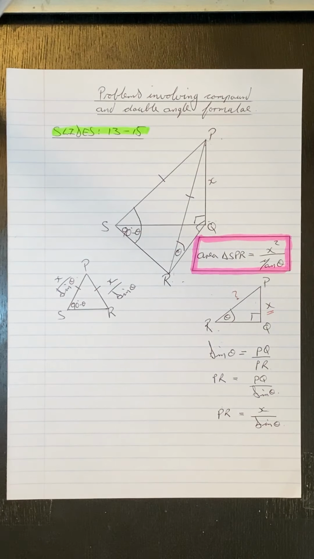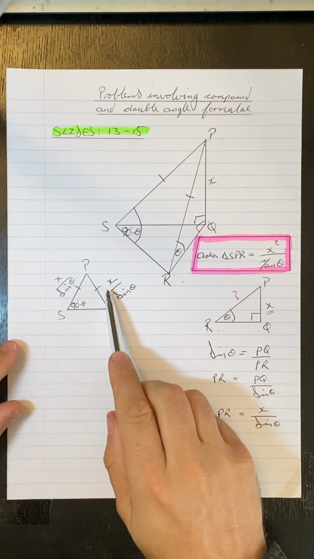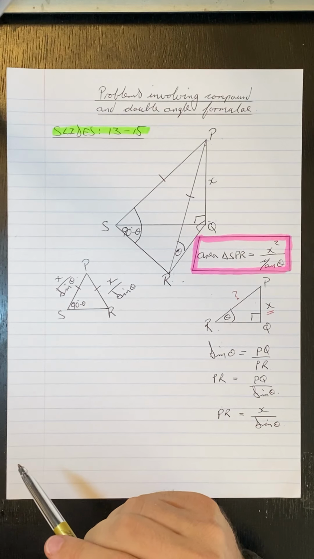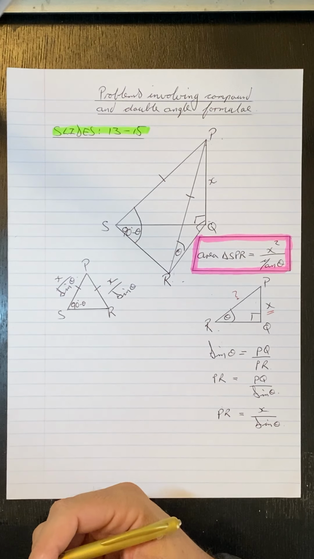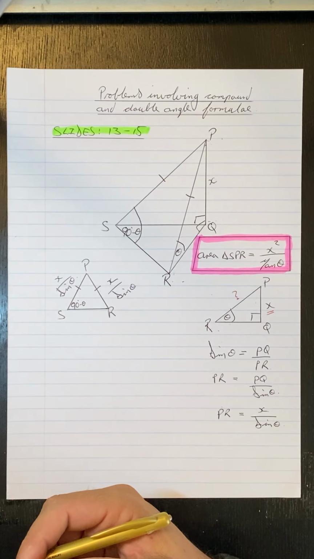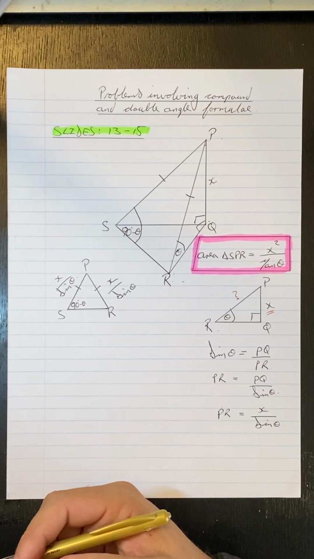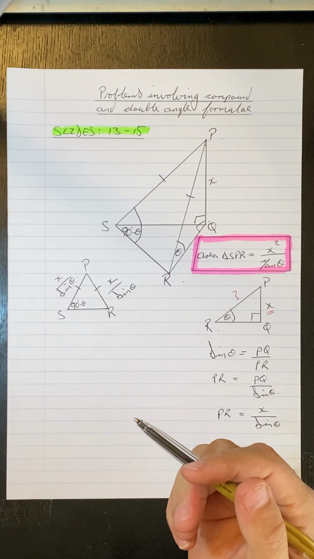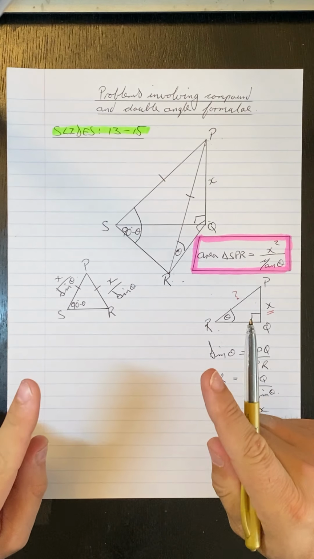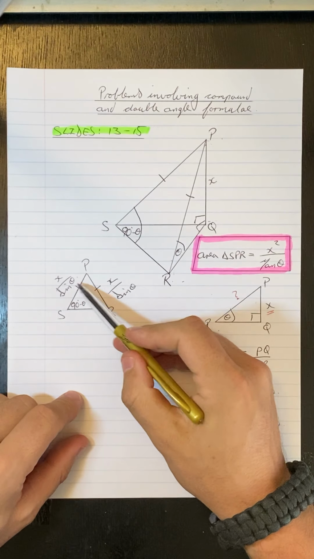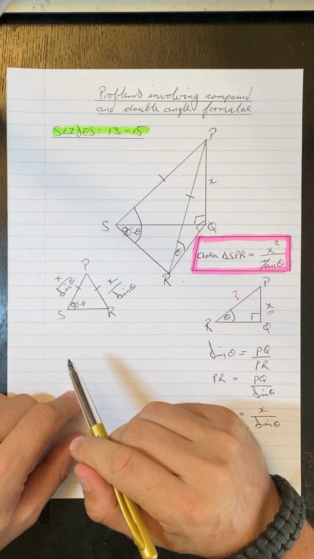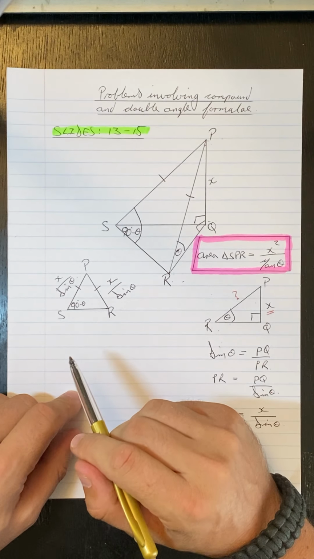Now, this is a non-90-degree triangle, so we can't use the common formula to work out the area of a triangle, which is a half base times height. We are going to have to use the area rule. And before we can use the area rule, remember, we need the side and the inclusive angle, the angle between the two sides that we know.